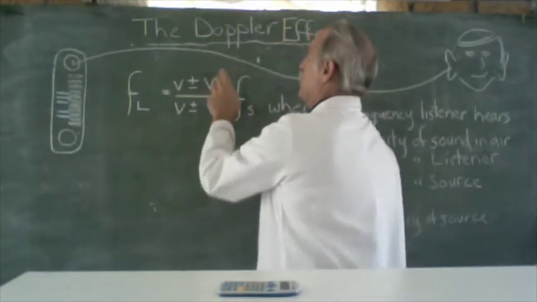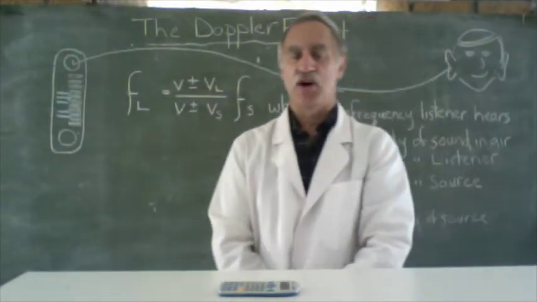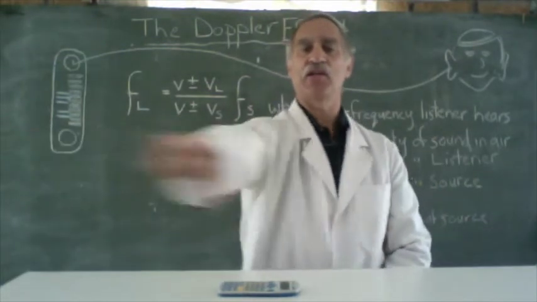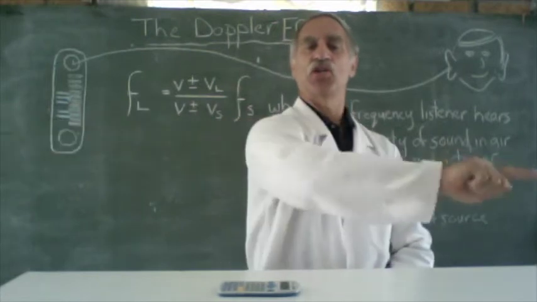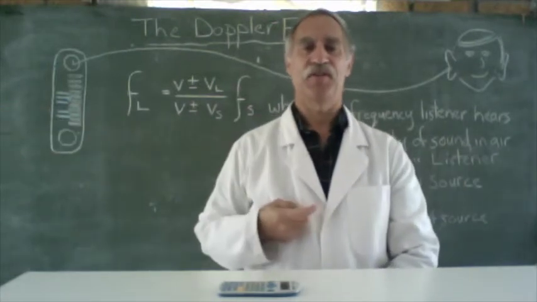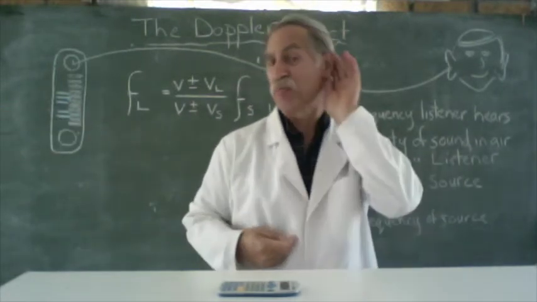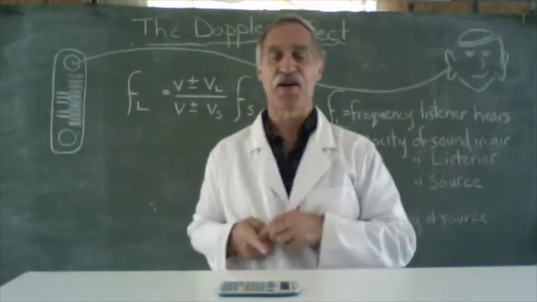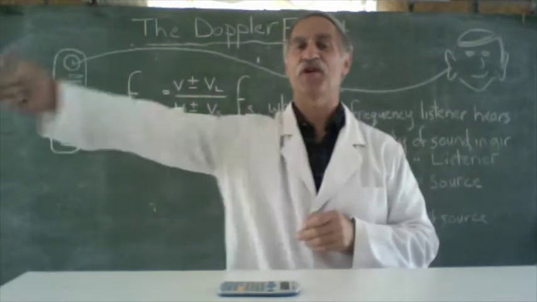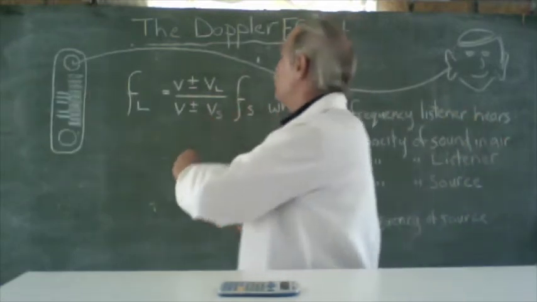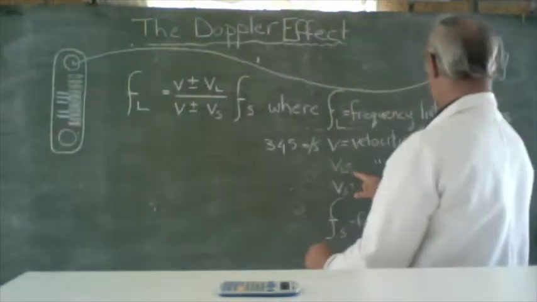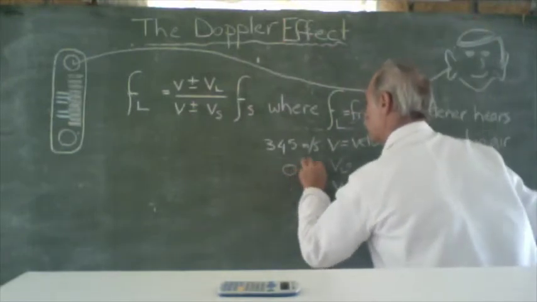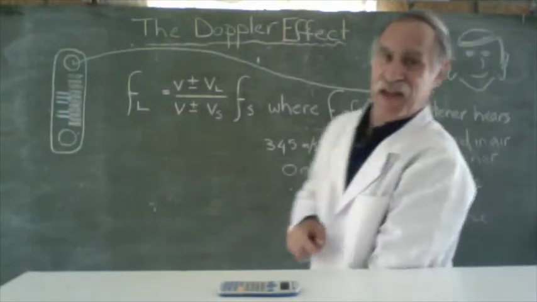Now the velocity of the listener, or the camera in this case, is the camera's velocity changing? No. The camera is standing still. Or the person that's listening is standing still. So the listener is stationary, but the organ is moving. So the velocity of the listener is going to be 0 meters per second in this case.